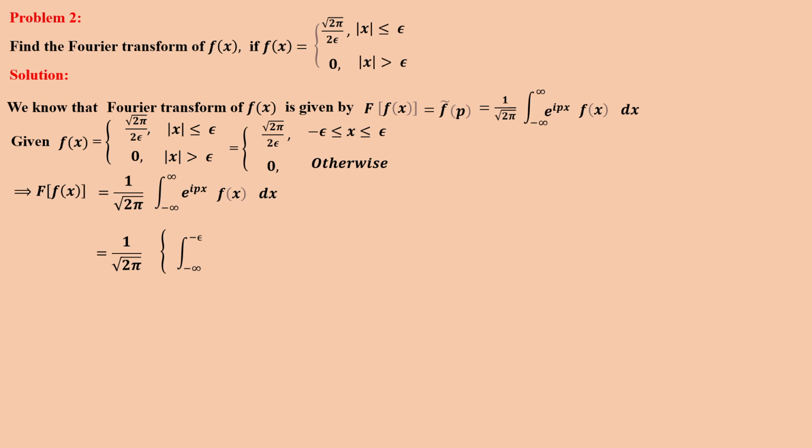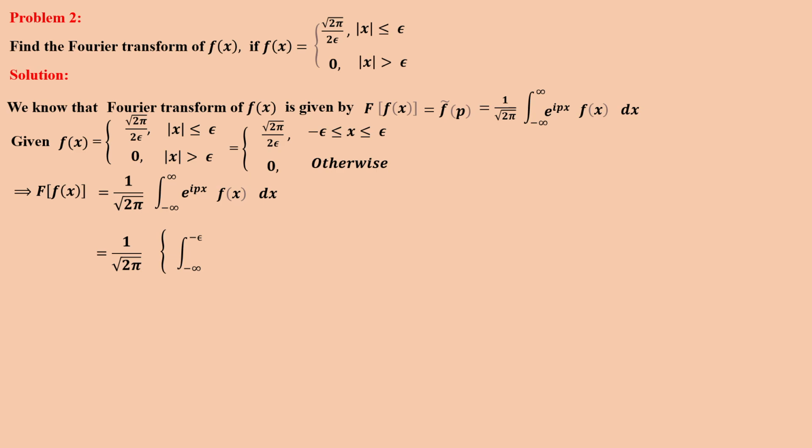So we are going to split the integral limit into 3. We start from minus infinity to plus infinity, the total real line. In that real line, I am splitting it into minus infinity to minus epsilon, then minus epsilon to plus epsilon, then epsilon to infinity, right?